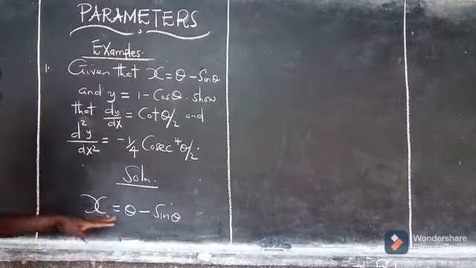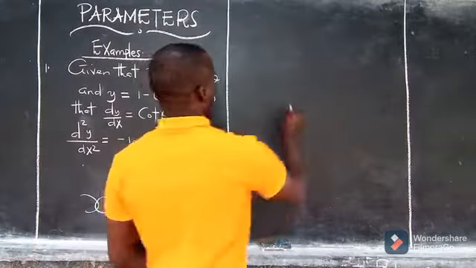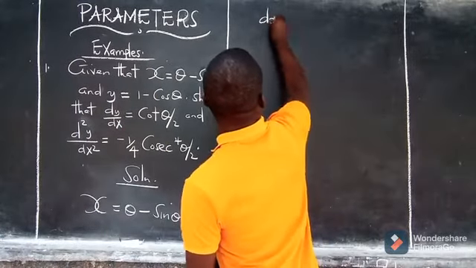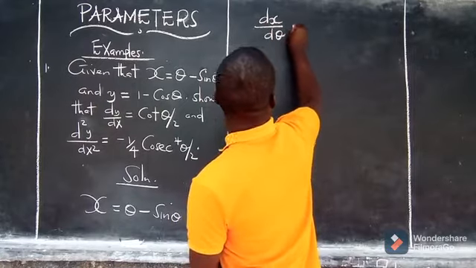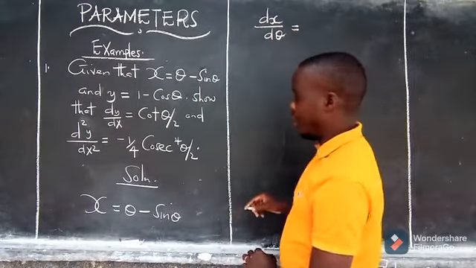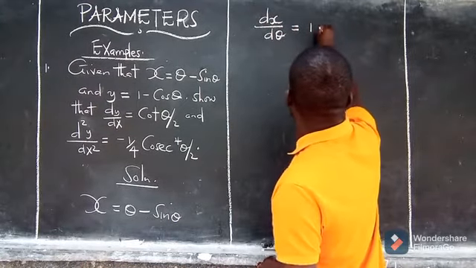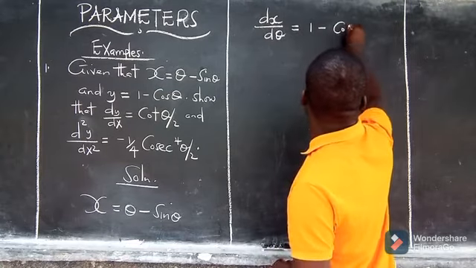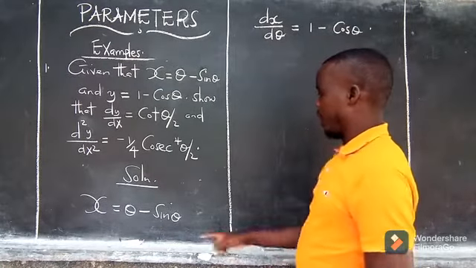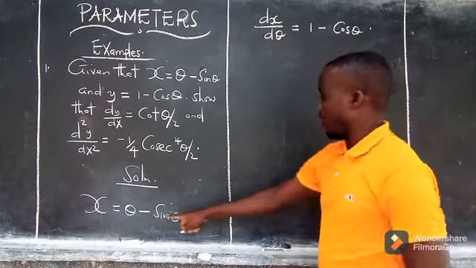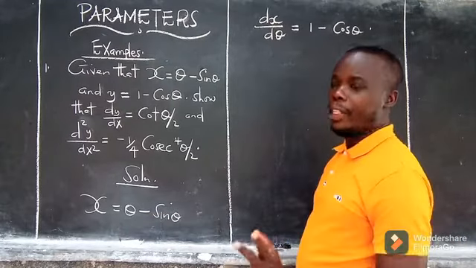When I differentiate this with respect to theta, I will have dx/dθ equals 1 minus cos of theta, because when you differentiate sine, you get cos, and when you differentiate theta with respect to theta, you get 1.